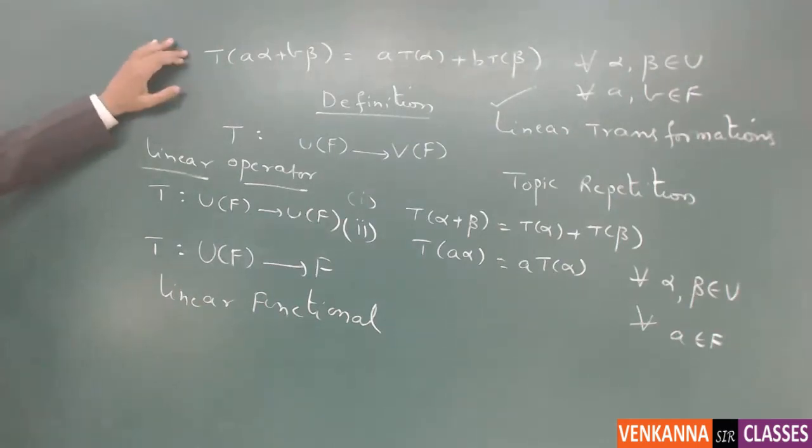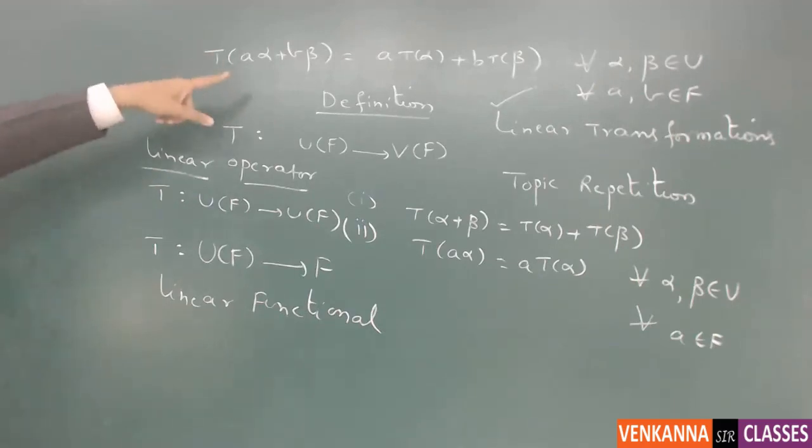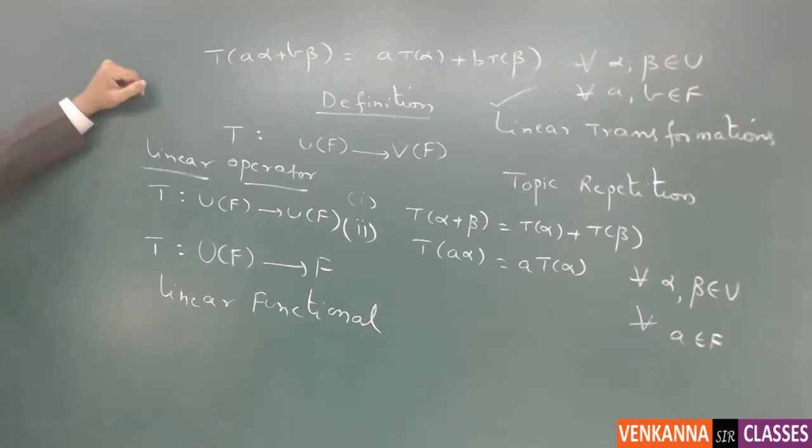If T satisfies the property that T of A alpha plus B beta equals A into T of alpha plus B into T of beta, where A, B are any two numbers in the field and alpha, beta are any two vectors in the vector space, in such cases we call it a linear transformation.